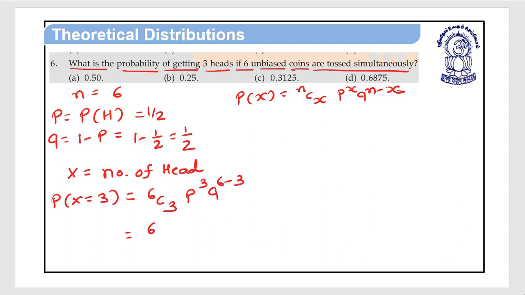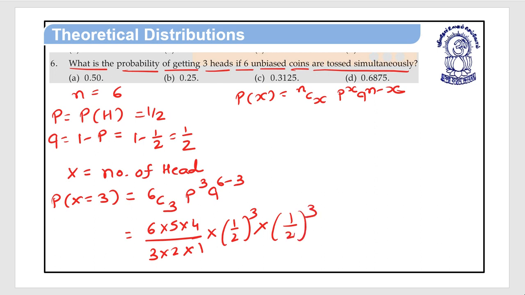So 6 into 5 into 4 over 3 into 2 into 1, into 1 by 2 cube, into 1 by 2 cube, as 6 minus 3 is 3.